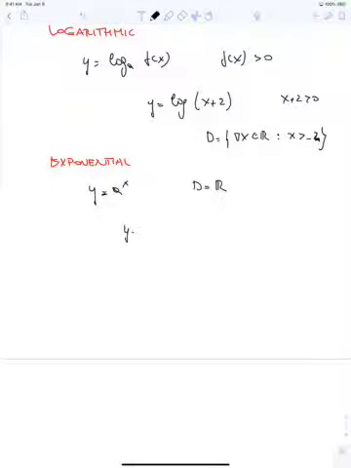So if you have y equal e power x, the domain is the set of real numbers. But if you have something in the form e power 1 divided by x, now e is defined no matter what, but here we have a fraction and the denominator cannot be equal to 0. So in this case, we have to impose that x is different than 0. It doesn't depend on the exponential. It depends on the fact that the exponent is a fraction.